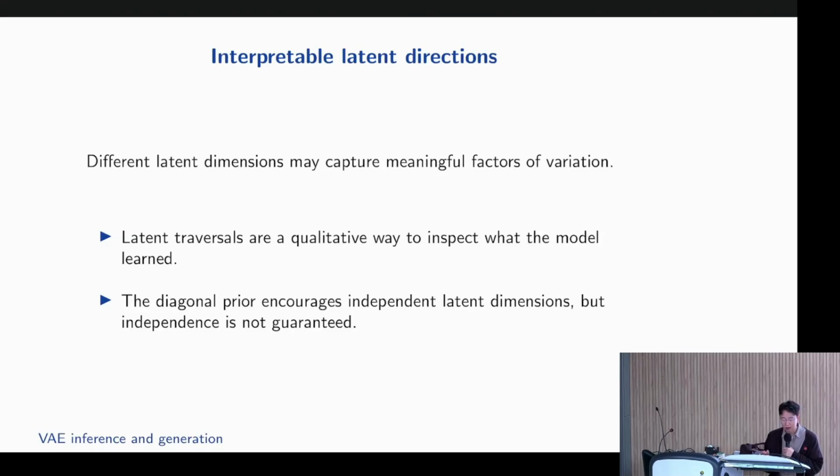It turns out they usually capture many meaningful factors of variation. For example, if you train on digits, one dimension of Z corresponds to different characters, another to the size of the generated fonts, and a third dimension might correspond to rotation angles.